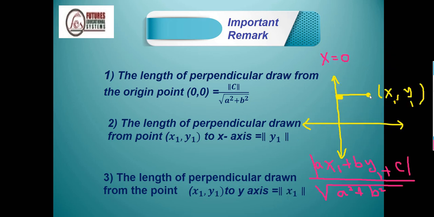If we draw from the point x1, y1 perpendicular on the straight line y-axis, therefore the equation in this case is x equals 0. Apply the rule: b is 0, c is 0, a equals 1, divided by the square root of a power 2, so 1 power 2 equals 1.